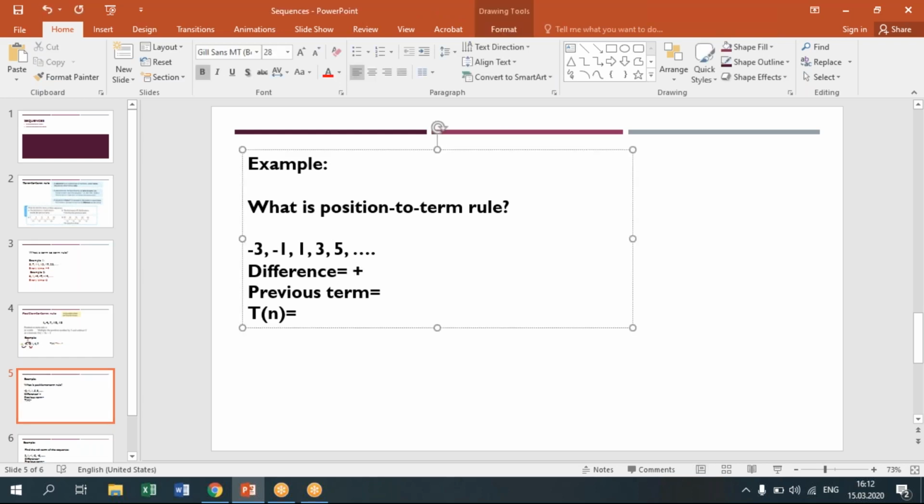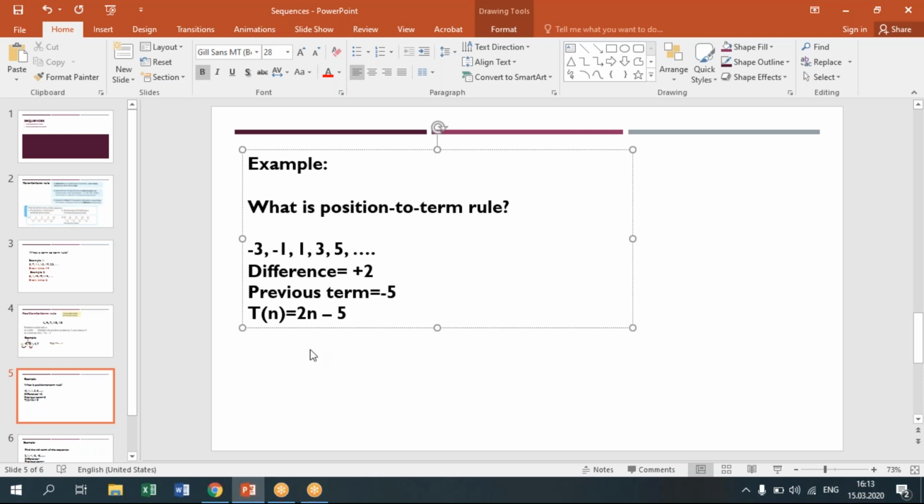Every time plus 2. Previous term. Before negative 3, which term can we have? What plus 2 will be negative 3? Yes, negative 5. That's why the nth term will look like this. What is the difference? Positive 2n. So we will write 2n. And the previous term is negative 5. So minus 5.